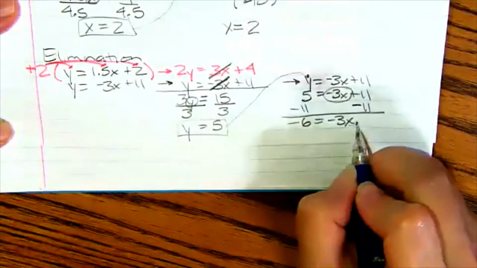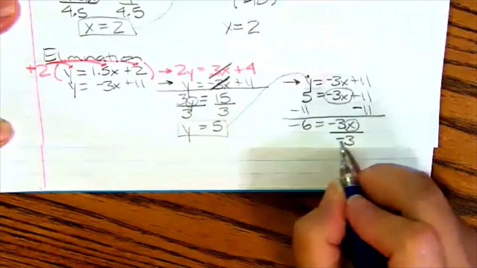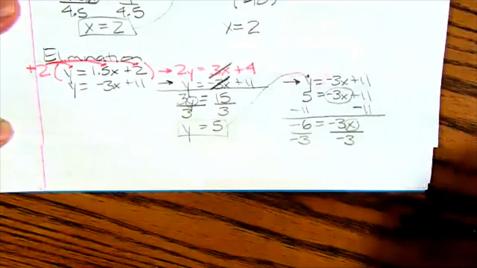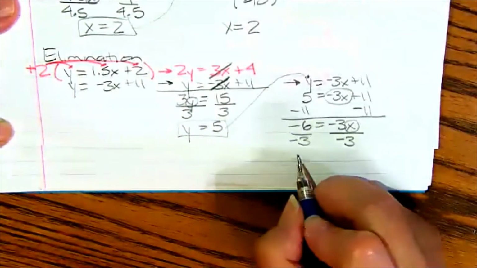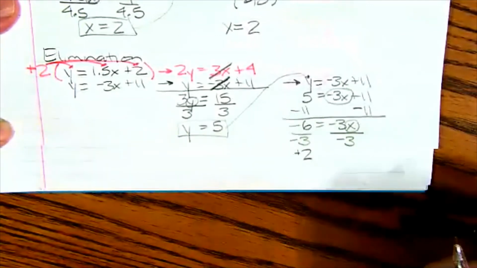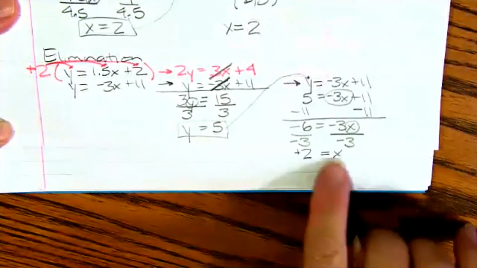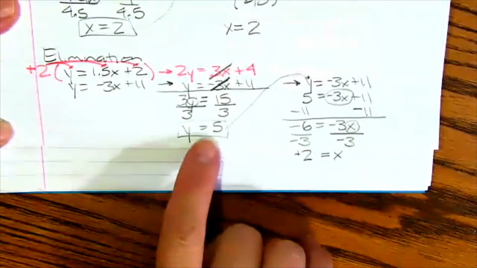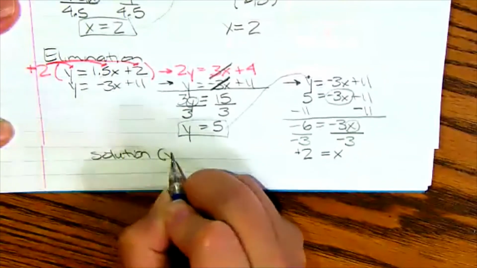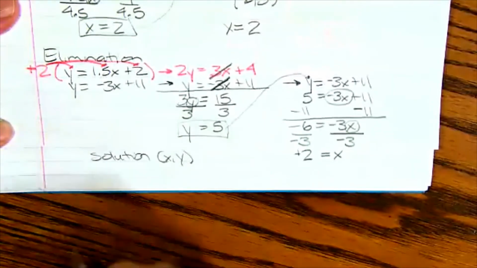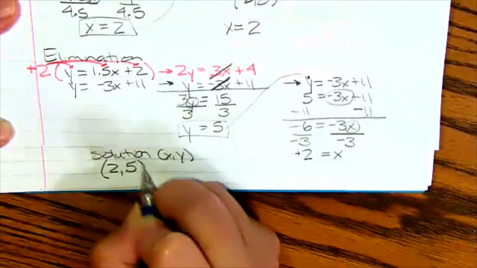I still want to isolate this variable, so I'm going to divide by negative 3. What I do to one side, I must do to the other. Negative 6 divided by negative 3 is positive 2 equals x. So once again, here's my x, and here's my y. My solution is always x, y. My x is 2 and my y is 5.